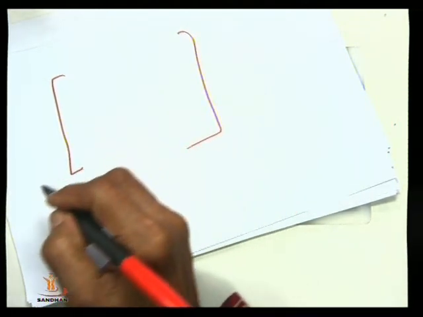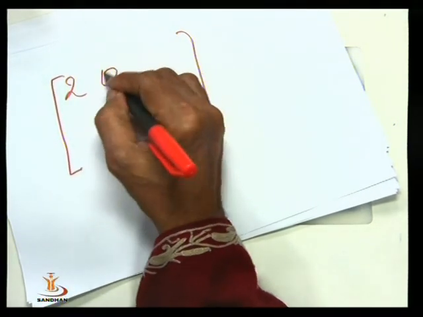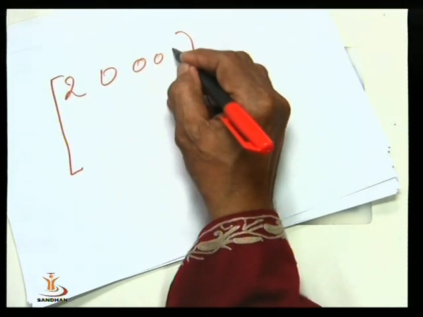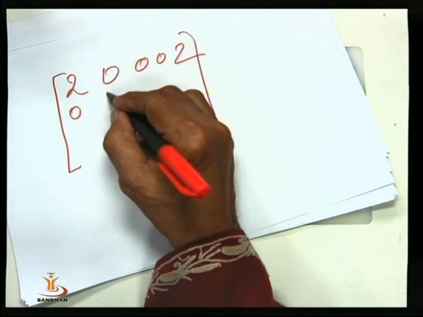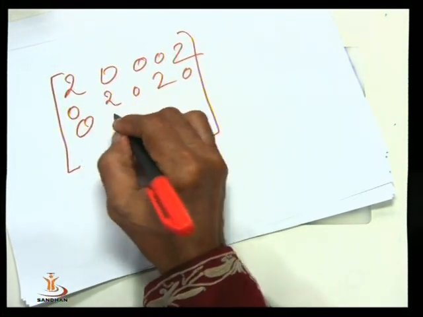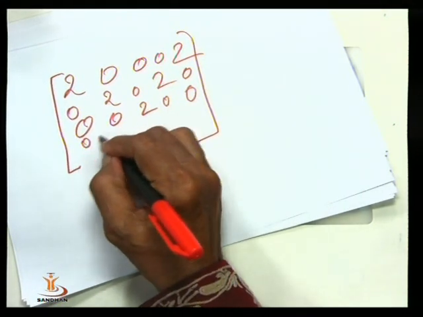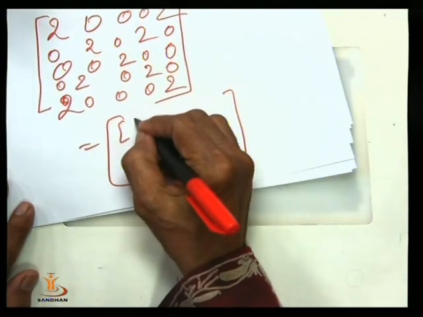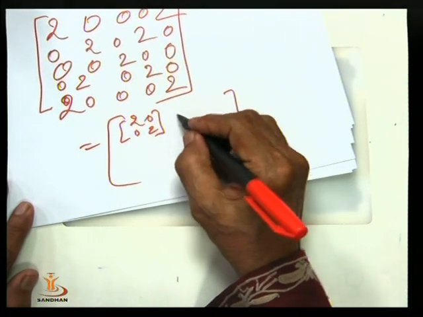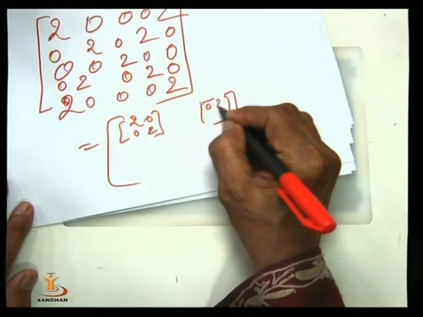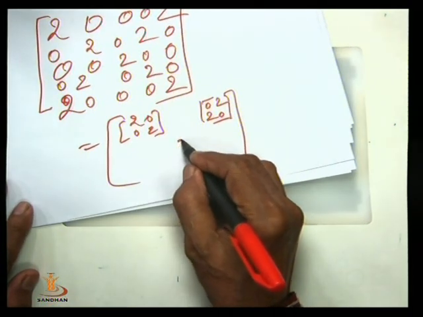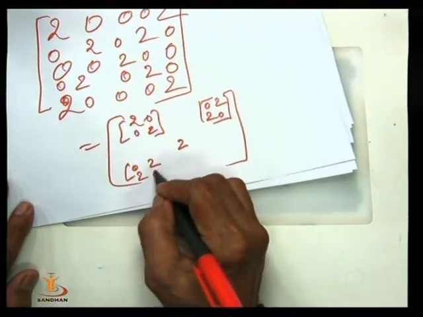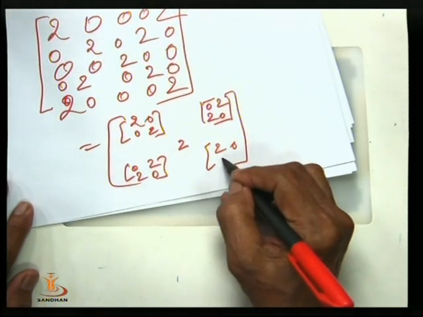Another thing is very interesting, this problem. The matrix is 2 0 0 0 2; 0 2 0 0 0 2; 0 0 0 2 0 2 0; and 2 0 0 0 2. Now, very interesting one, you can show this as blocks, 2 0 0 2, and here also block 0 2 2 0, and here just 2, and here 0 2 2 0, and here also 2 0 0 2.